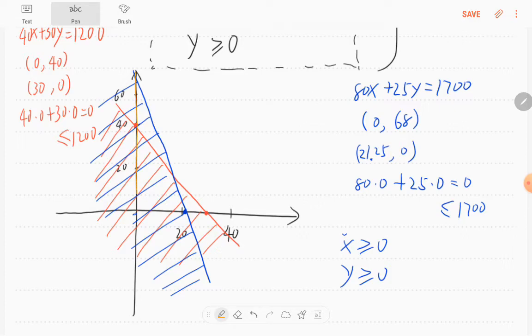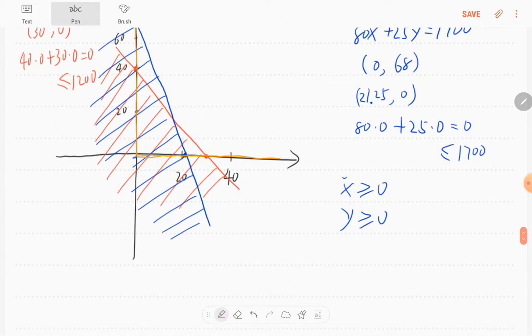X greater than or equal to 0 means it's on the right side of the y-axis. Y greater than or equal to 0 means above the x-axis.